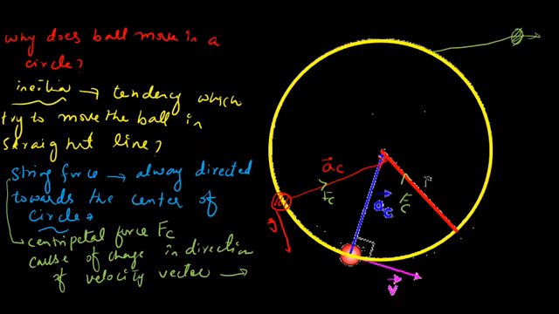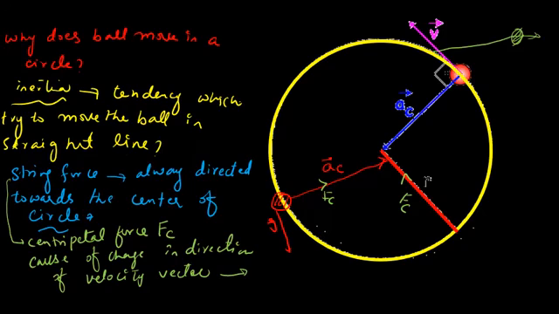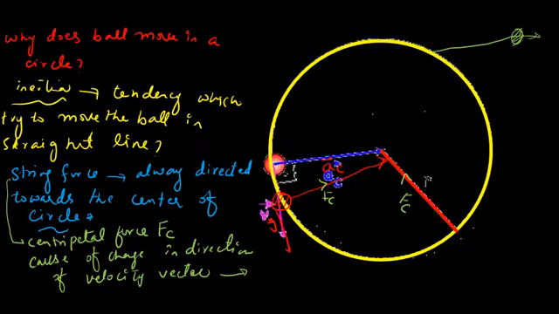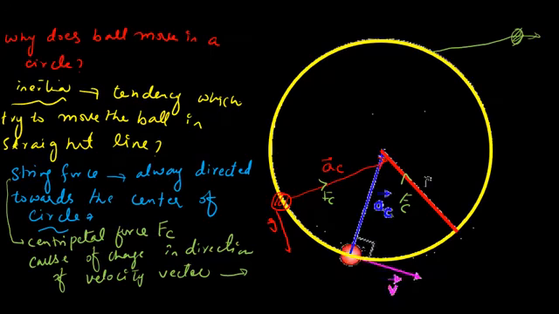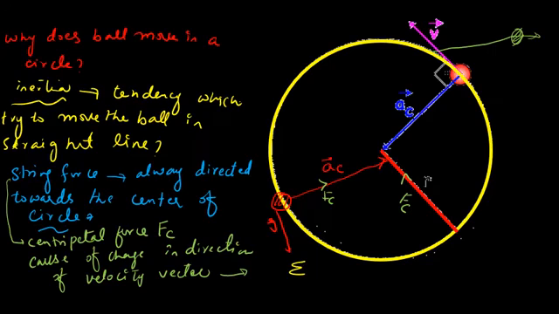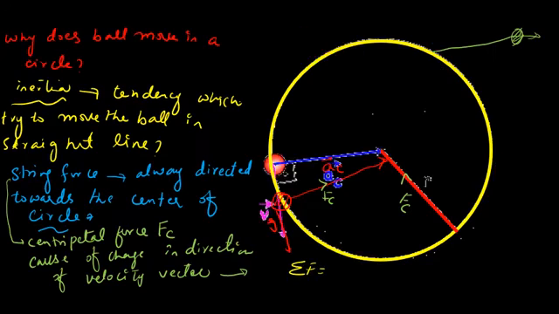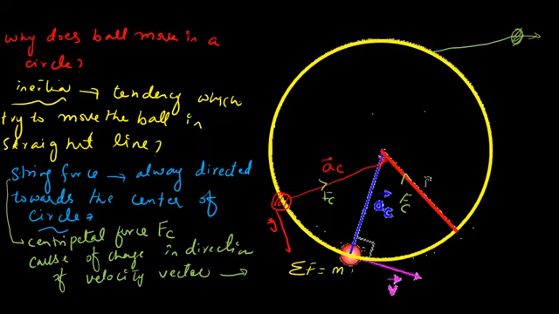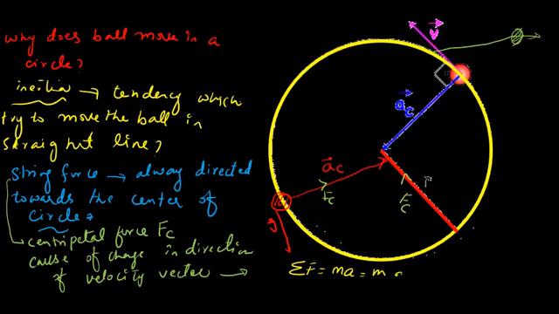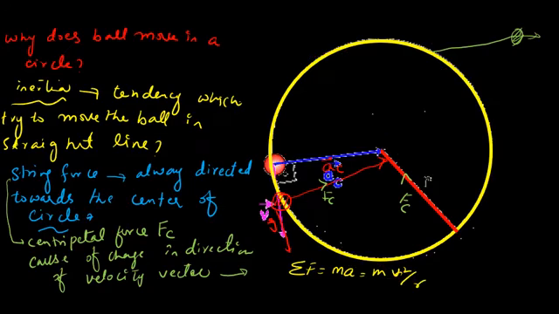Here we can apply Newton's second law of motion. By Newton's second law, we can find the value of the net force which causes the centripetal acceleration. According to Newton's second law, net force is equal to ma. Here the acceleration is the centripetal acceleration, so it will be equal to mv square divided by r.